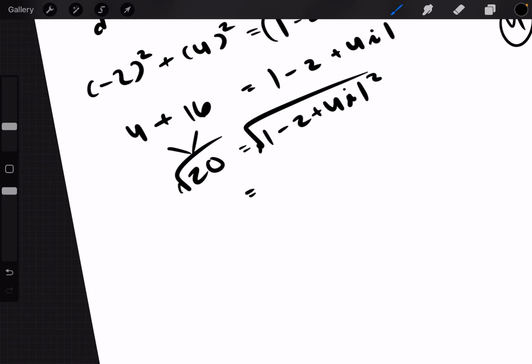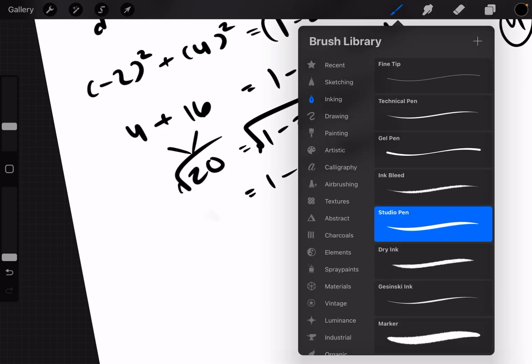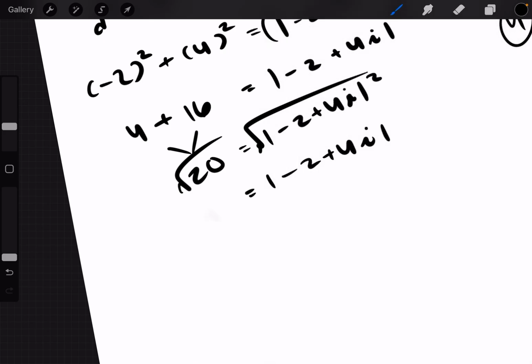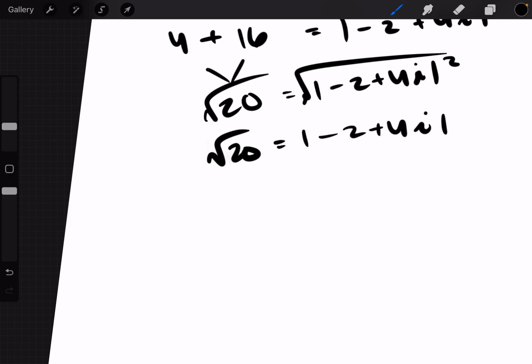It's almost like a variable, because that's what we're looking for: what is the absolute value of -2 plus 4i? So we're left with radical 20.